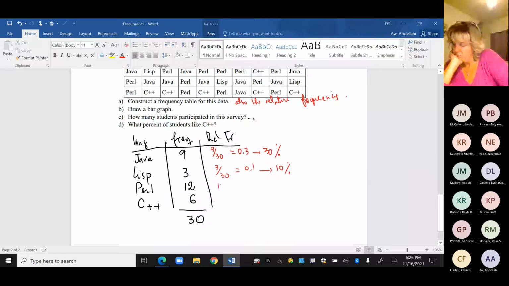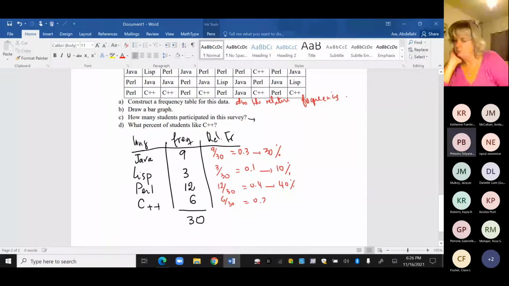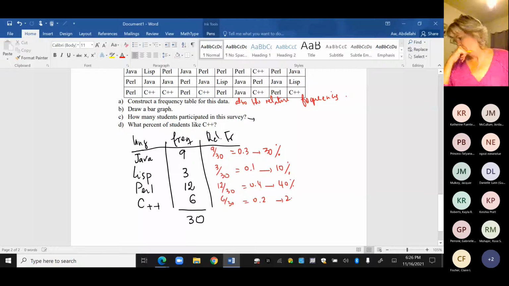For Perl, 40%, which is 0.4, which is 40%. And for C++, 20%, 0.2, which is 20%. That is exactly correct. Now draw a frequency table.